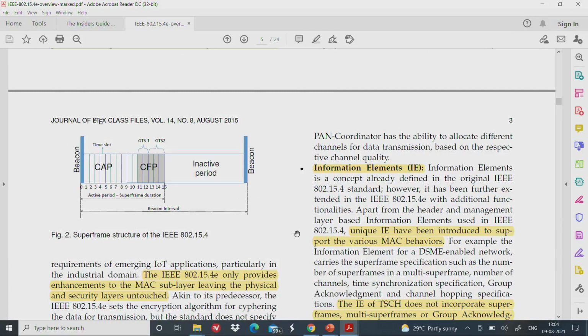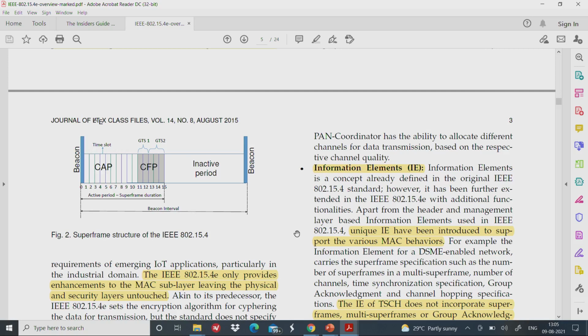Okay. Then there is this concept of information elements which is already there in the 15.4, but not well spoken of. Okay. Now, the IE is actually part of the MAC frame, and this has been introduced to support the various MAC behaviors. The frame will look identical, but the MAC behavior will be different.